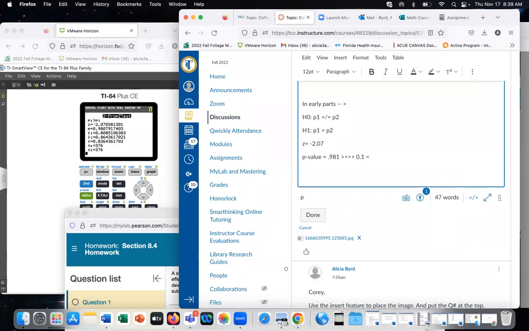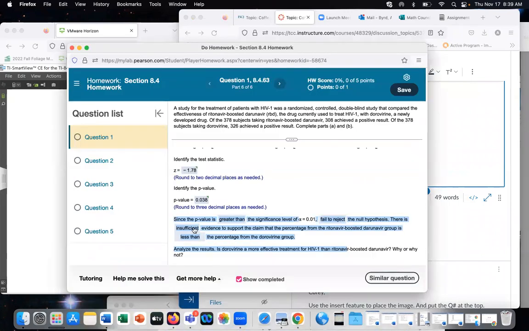When that's true, since it's greater, just like they say here, you fail to reject.